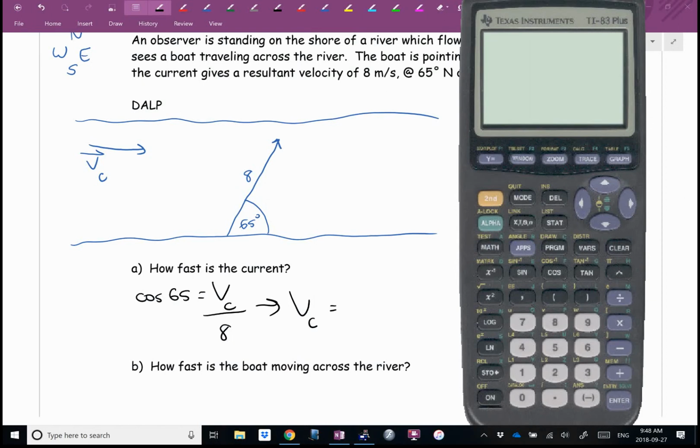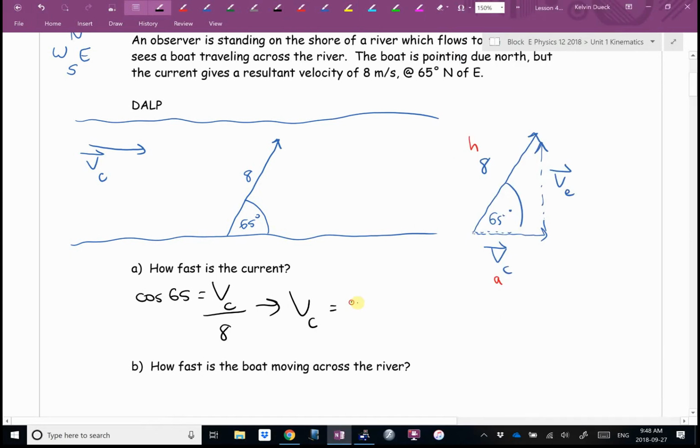So by measuring the angle that the boat is traveling at and the velocity the boat is traveling at, I can tell you how fast the current is going. You get 3.38? Since this is a final answer, I'll go to 3 sig figs. And that's actually not too bad a place to round off to. It's technically 3.381, but 3.38 meters per second. East.